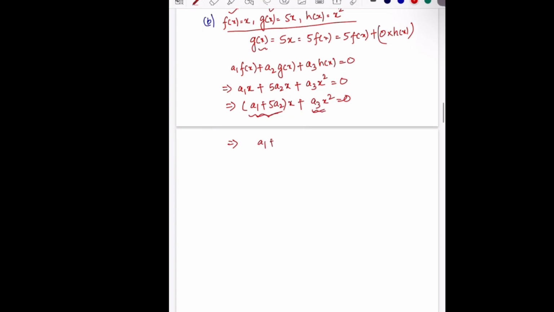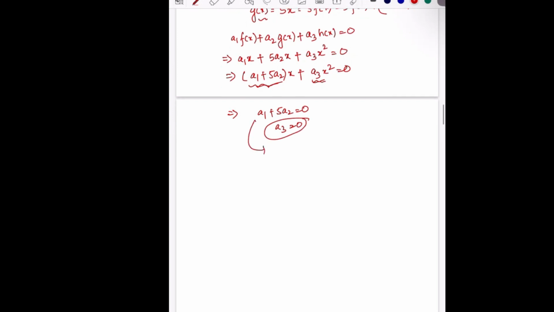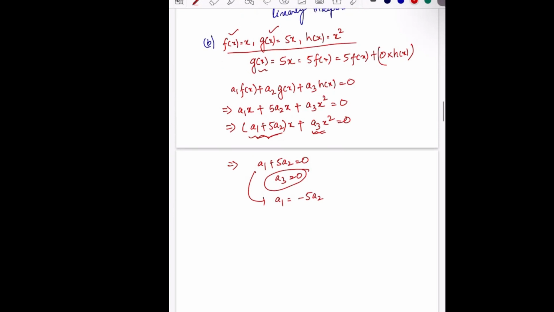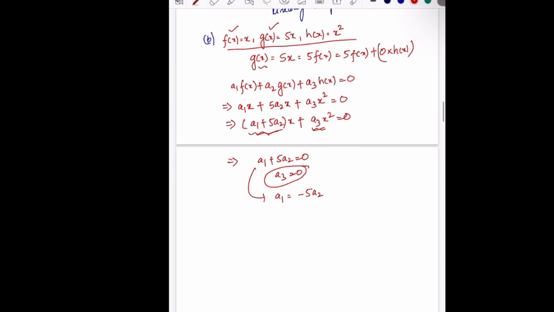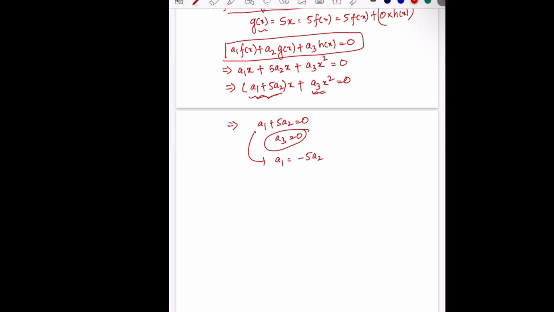That means a1 plus 5a2 equal to 0 and a3 equal to 0. You are getting a3 is 0, but the other one is a1 equal to minus 5 times a2. So if you take some non-zero values of a2 and a1, then in that case also this equation is satisfied. So this means that these three functions are linearly dependent. They are not linearly independent.